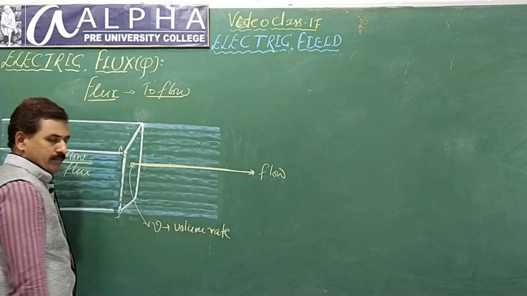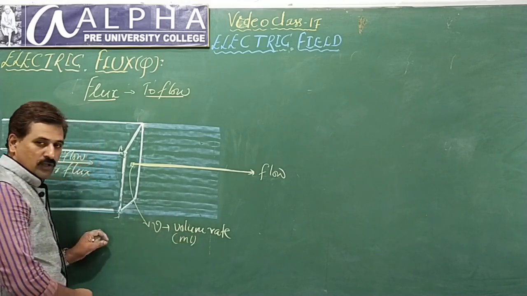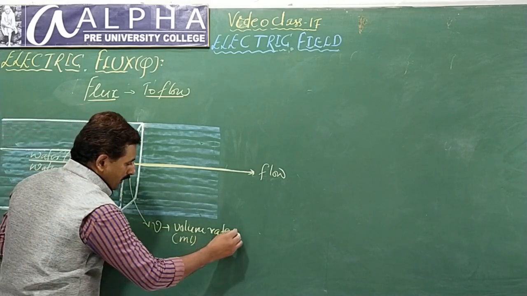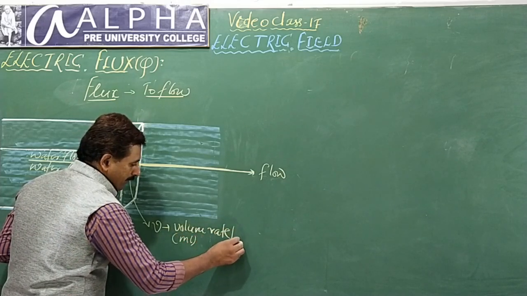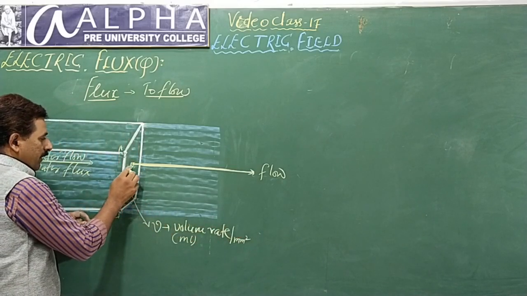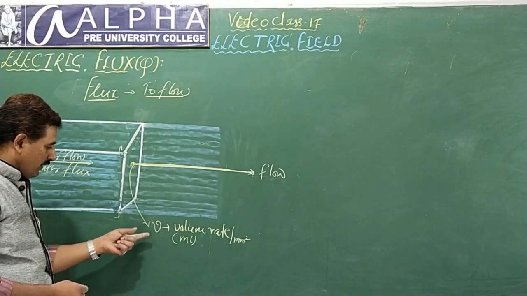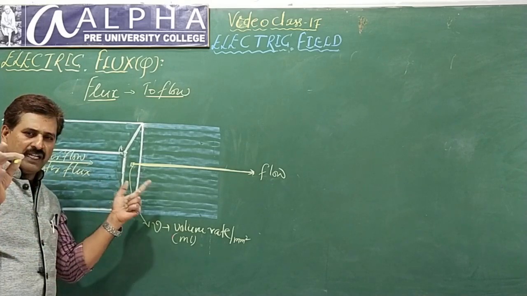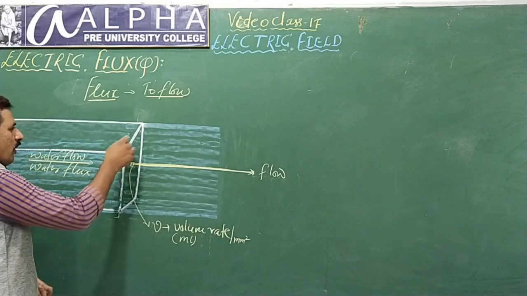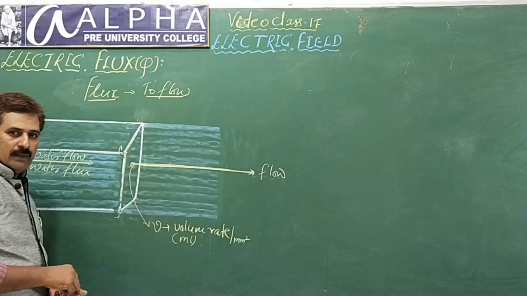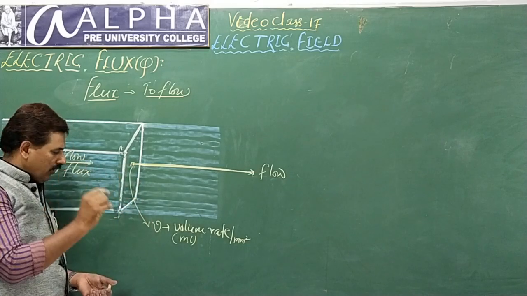Volume rate means the amount of water coming out, maybe in ml, per second, per mm square, 1 mm length, 1 mm breadth, a square unit. Let us suppose V is some value, say 10 ml, 1 ml, any value you take. But the point is how much water flows through this mouth in a given time, since you know the value flowing across each unit, a small dot, V.